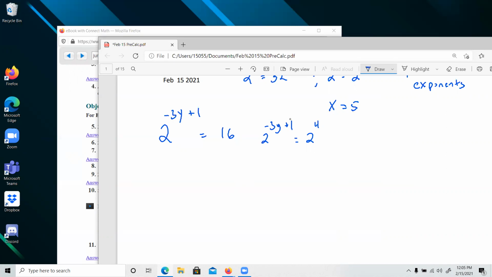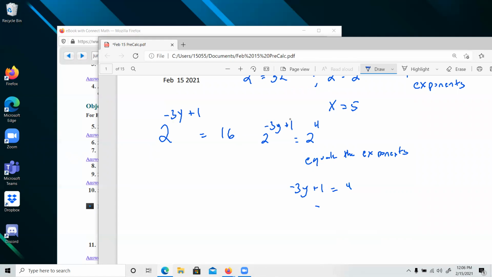And again, we're going to equate the exponents. That's the thing you're allowed to do, which is why the base can't be 1, because then every answer is fine and we get ridiculous answers like 3 is equal to 4. But as long as my base isn't 1, we can equate the exponents, and we'll get 3y plus 1 is equal to 4.